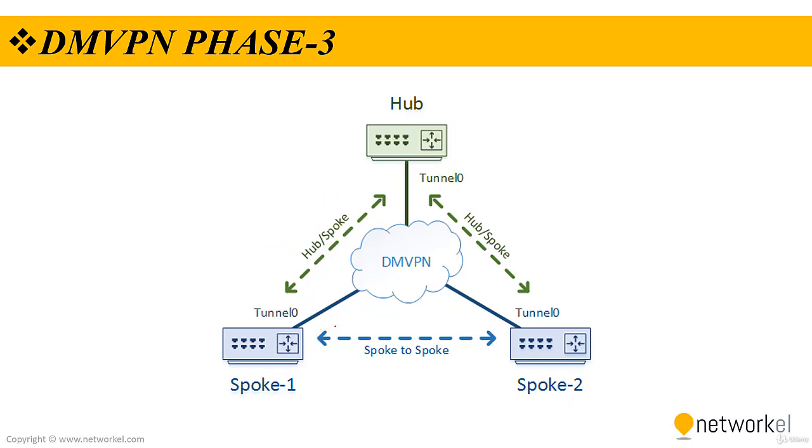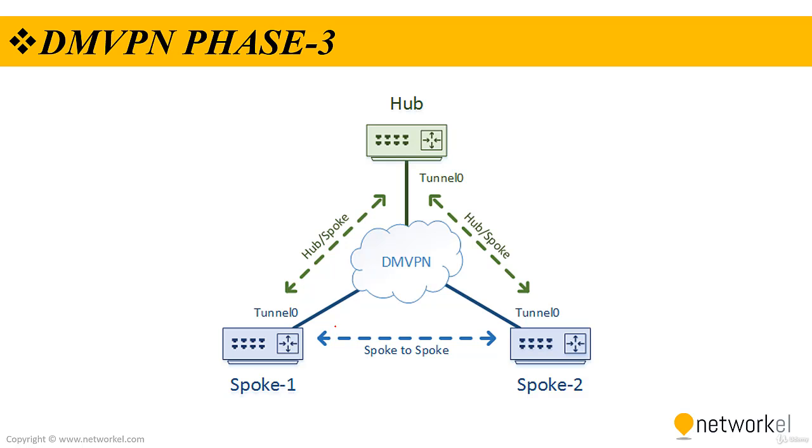When it comes to DMVPN Phase 3, this one refines spoke-to-spoke connectivity by enhancing the NHRP messaging and interacting with the routing table. With DMVPN Phase 3, the hub sends an NHRP redirect message to the spoke that originated the packet flow.